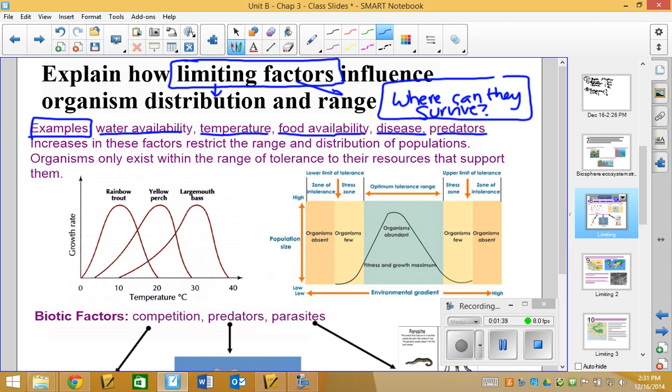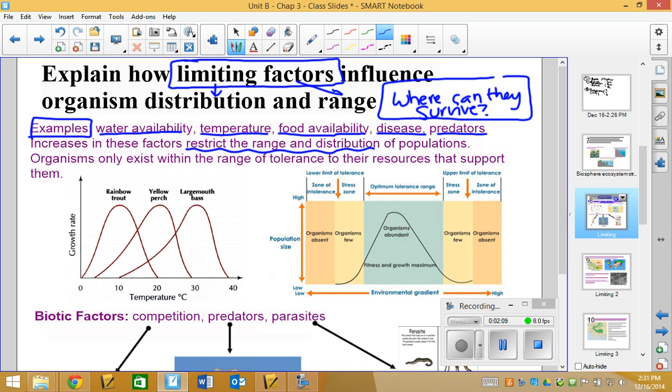These are all things that if they are not present in the right amount, would reduce the number of organisms that could live and where they could live. And so if we increase these factors, we'll end up restricting the range and distribution of populations.